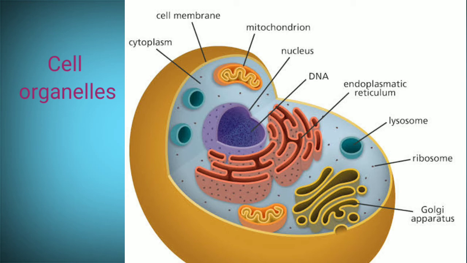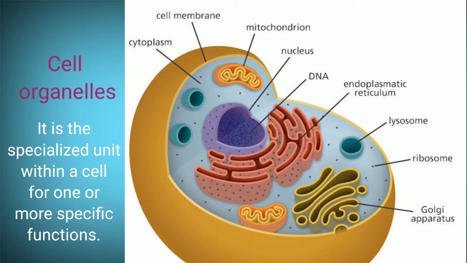There are about 11 organelles within a cell. In that, I have already discussed one of the organelles, which is the cell membrane or the plasma membrane. An organelle is a specialized unit within a cell that has one or more specific functions to perform in the cell.